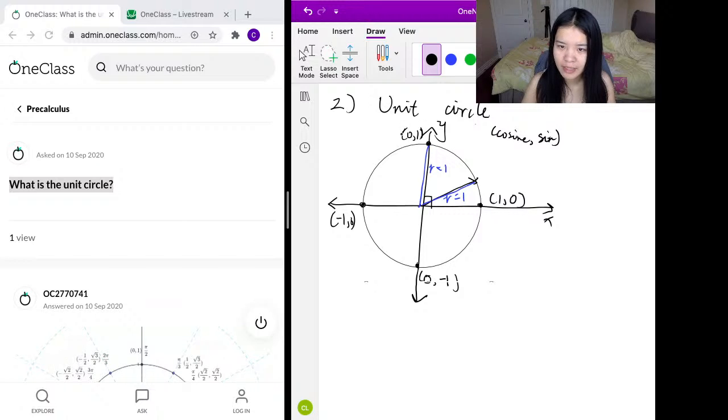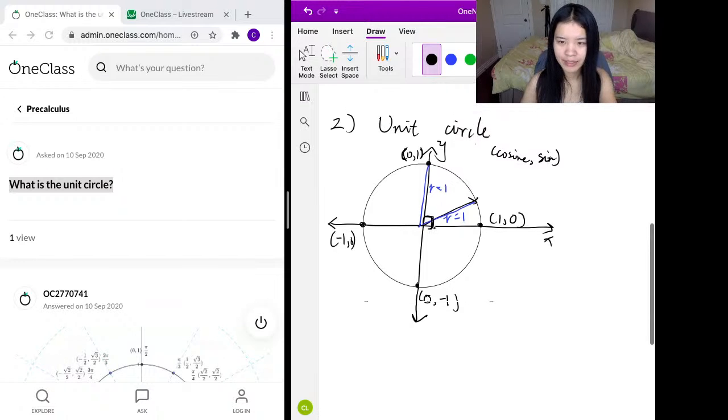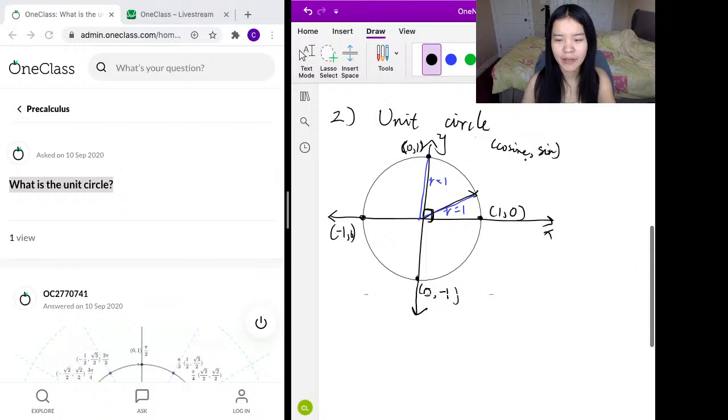So the point over here would be cosine versus sine for this specific angle, and the same with the rest of the unit circle. This is very useful for determining trigonometric values, the values of cosine, sine, etc.